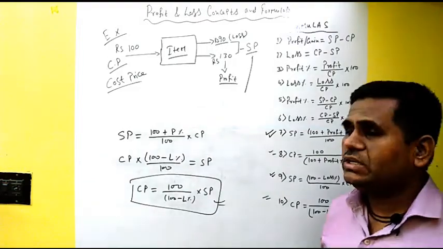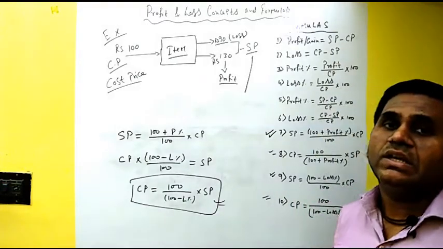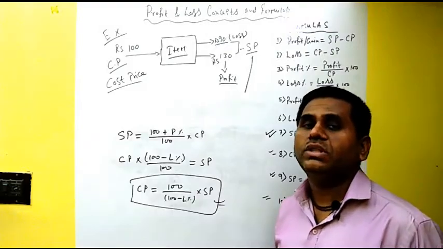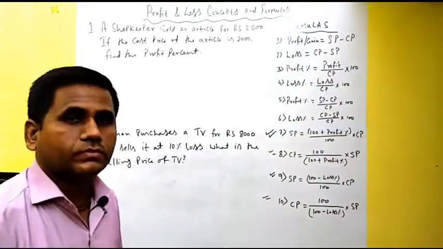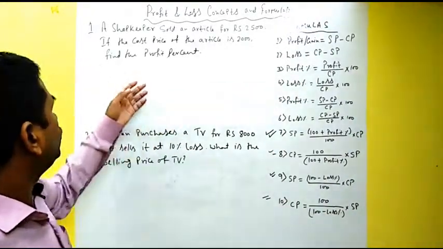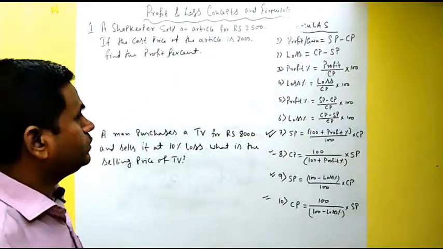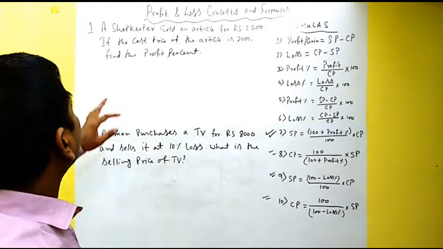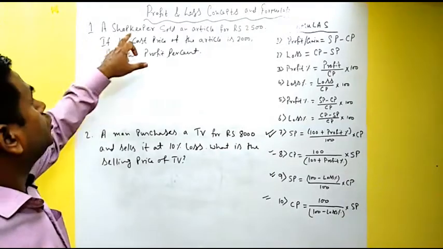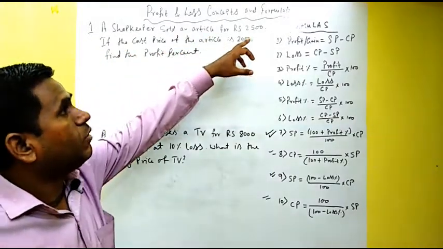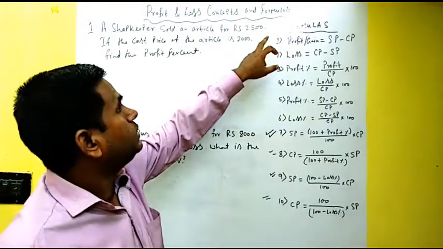Okay, now let's quickly solve one or two problems, and then the remaining practice we will do in the next video. So here friends, I'm ready with the two problems. Let's solve these two problems based on the formulas and concepts which we have learned in this video. The first problem says a shopkeeper sold an article for rupees 2500.